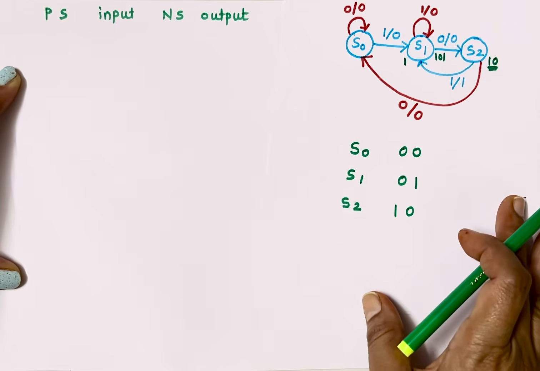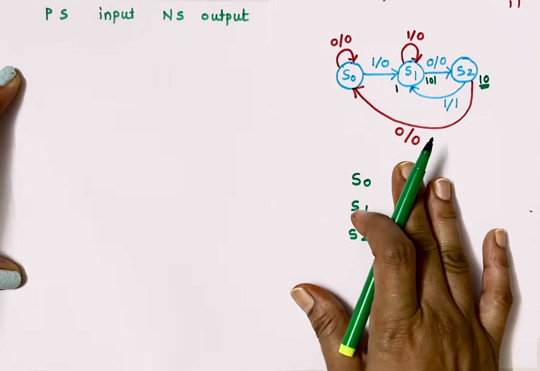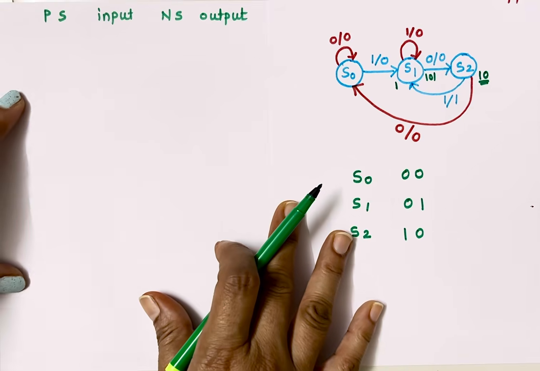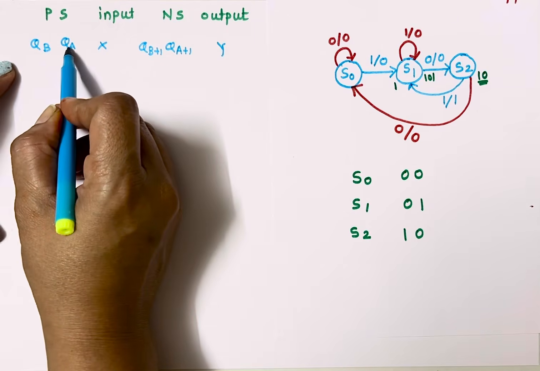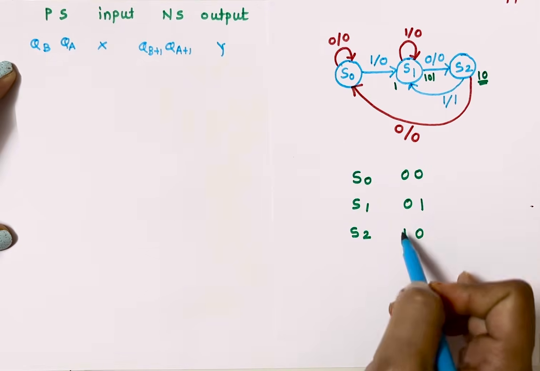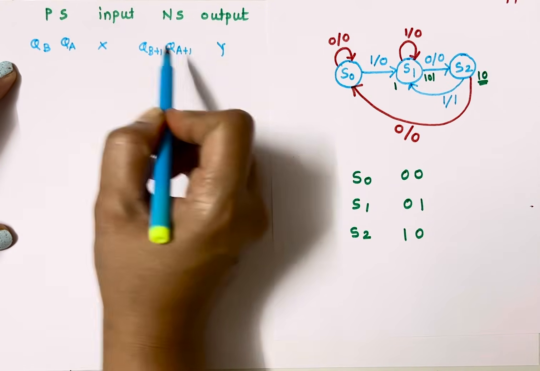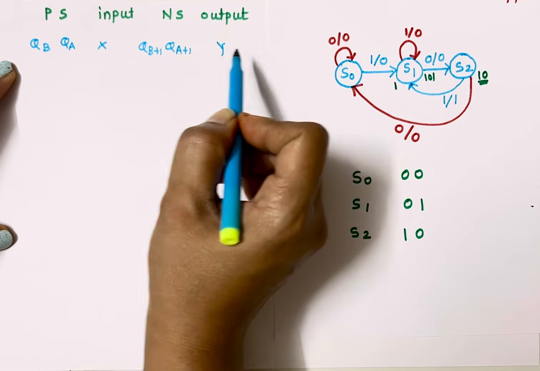So from this diagram, we will write this state table. We have present states QB, QA. These are present states. Then we have input X, next state QB plus 1, QA plus 1 and output.